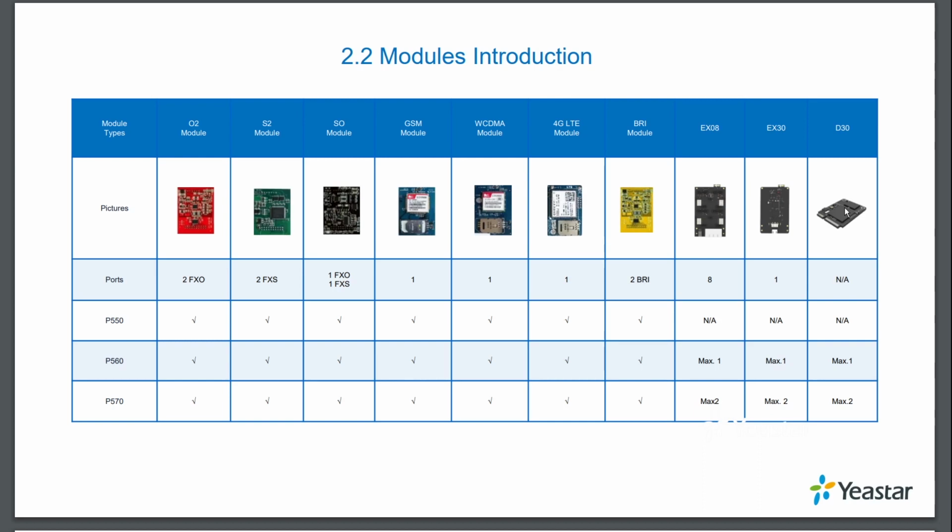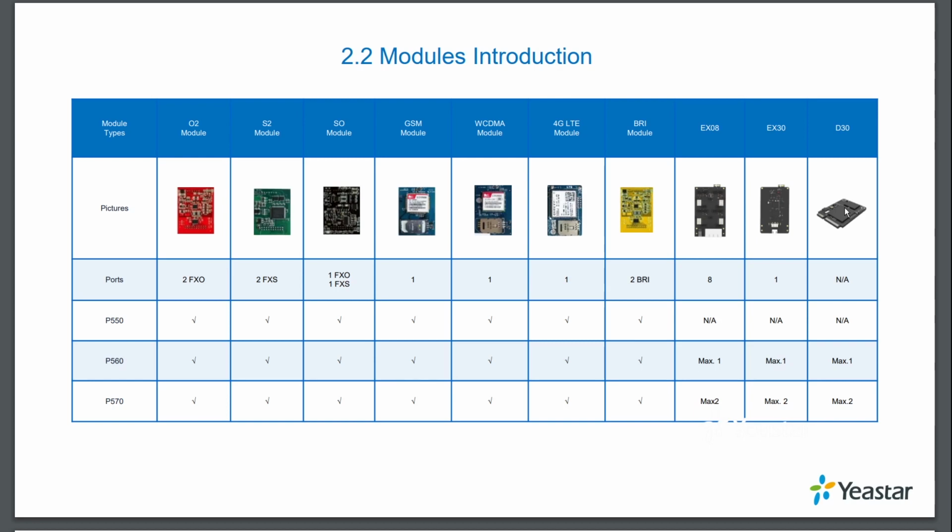Okay. Then the next one, the third one, is called SO module. This module gives you one interface for FXO, one interface for FXS. So it's kind of like a fallback solution for your FXO. If we use the SO module on the system, sometimes our system is out of power. So if our system is out of power right now, we can still use the SO module for making a call.